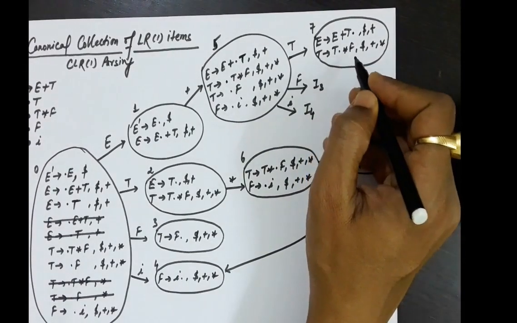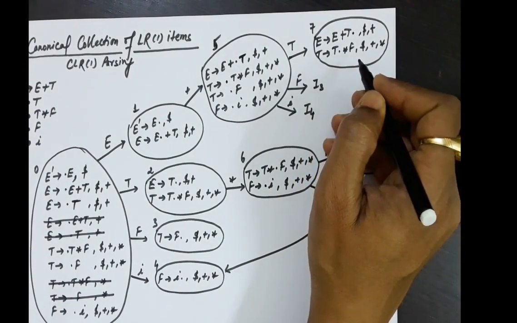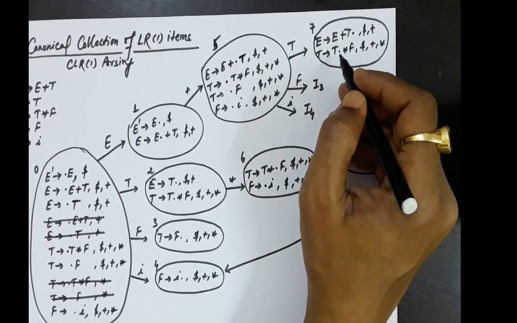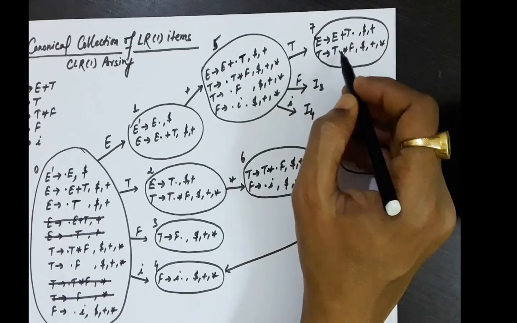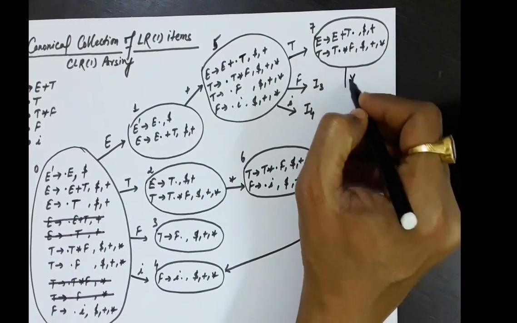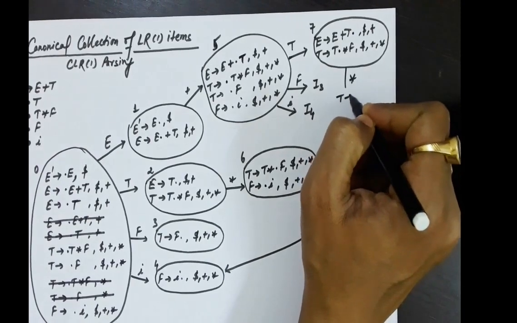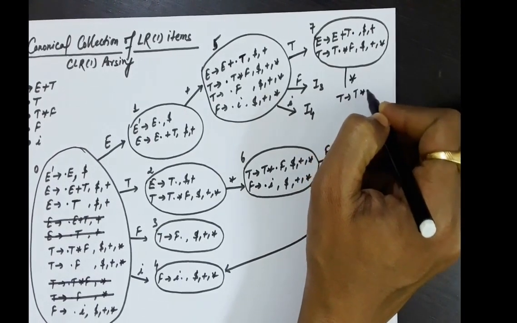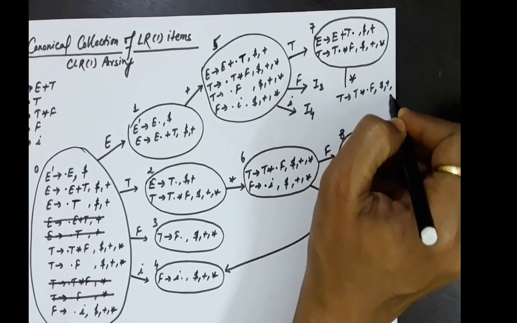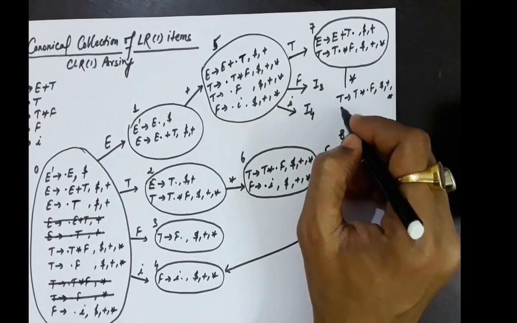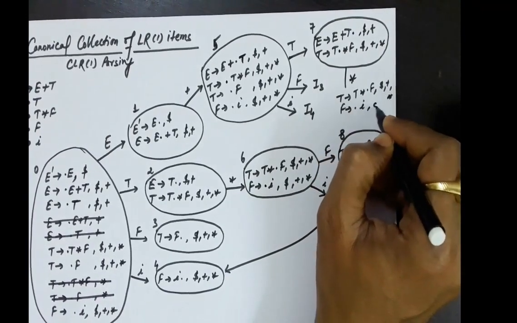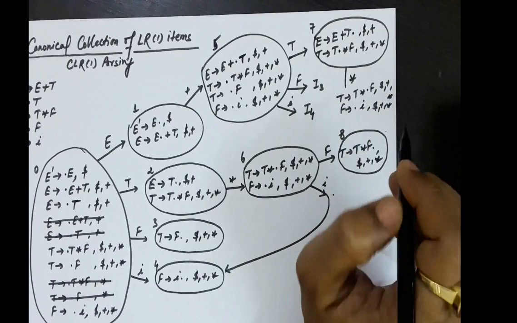If we take a star here, so this will be T produces T star dot F with look ahead dollar, plus and multiplication, and all the productions starting with F, so dot I with the same look aheads.